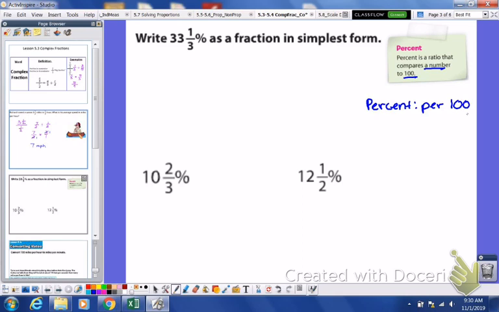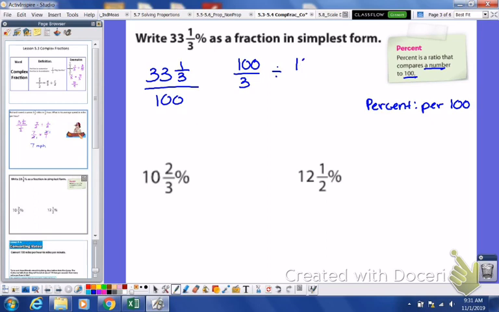Our first example, write 33 1/3% as a fraction in simplest form. So I have 33 1/3 percent, so per, our fraction bar, 100. Now, just like we were doing, I'm going to rewrite this. So 33 1/3, 3 times 33 plus 1 gives me 100 over 3, divided by 100.